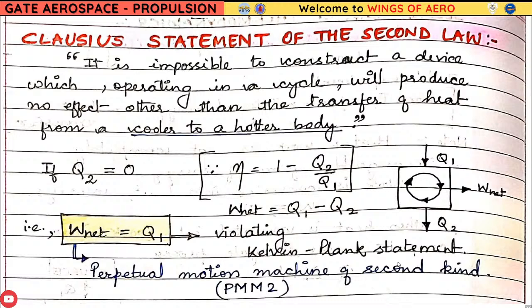Now next statement. Clausius statement of the second law says it is impossible to construct a device operating in a cycle which produces no effect other than transferring heat from a colder to a hotter body. It is not possible to construct this without any effect. There will be some effect if heat has to transfer from the colder body to the hotter body.